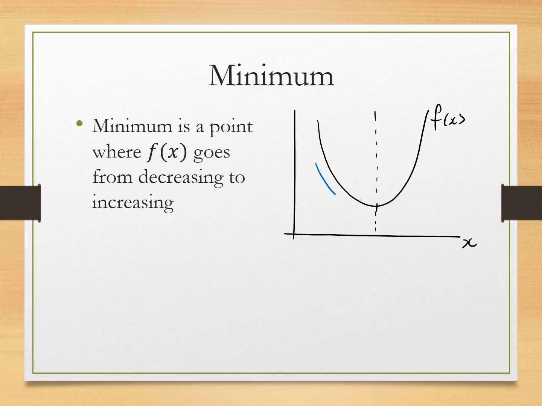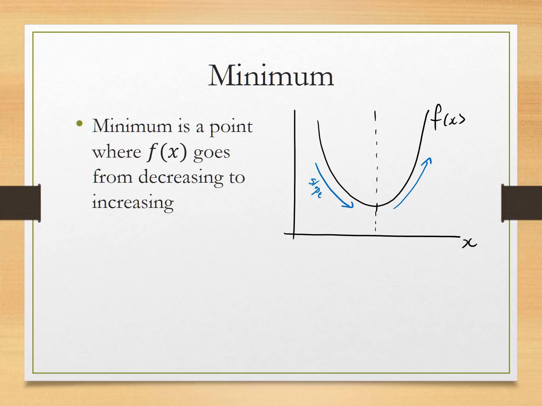Let's take a look at the properties around this point. A point is a minimum if it's lower than all the points around it. So how do you achieve that? You can only achieve that if the function is decreasing on the left-hand side and increasing on the right-hand side.